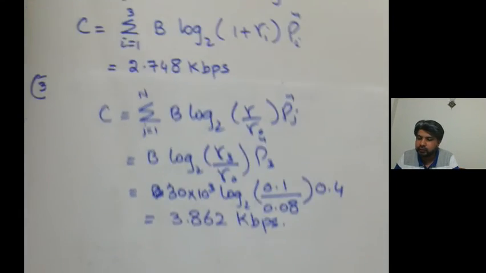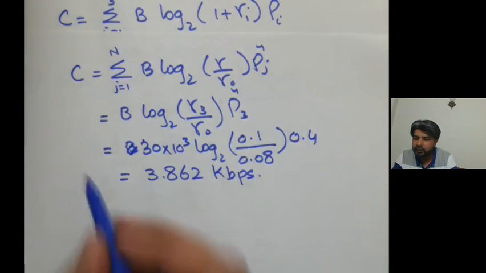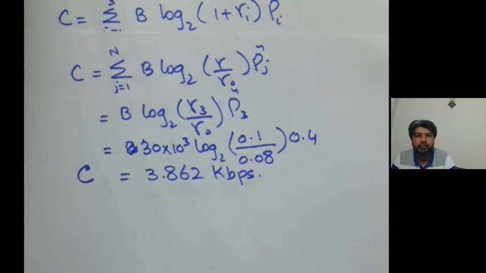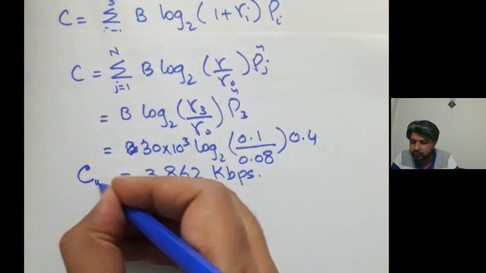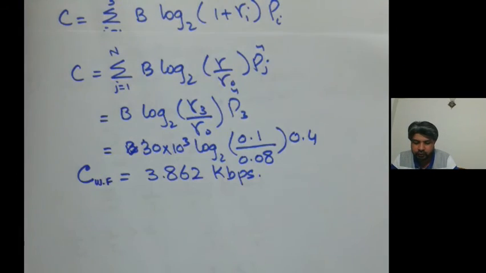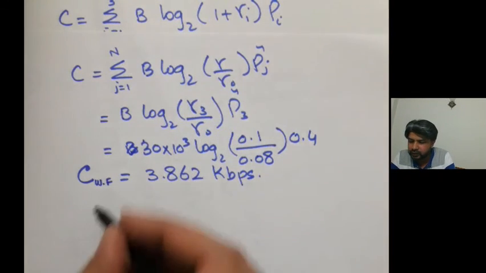So now what you can see already is that the capacity with the optimal power control under this condition where you are always in the low SNR regime, let me call this capacity with water filling or under optimal power control, is greater than the capacity under the AWGN channel.